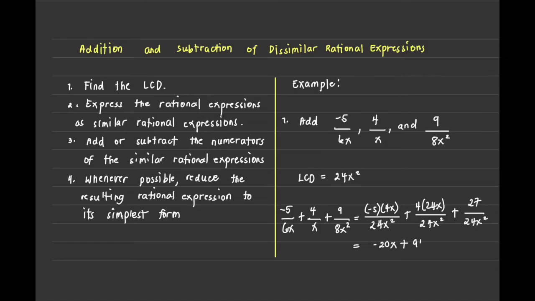We then perform the indicated operation and we combine similar terms. Since the rational expression can no longer be simplified, we will have our final answer as 76x plus 27 all over 24x squared.